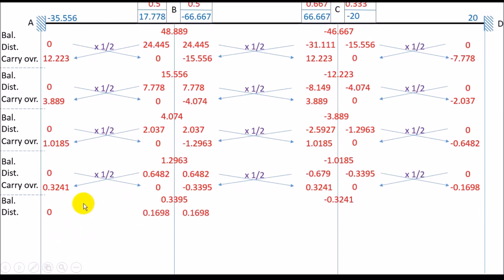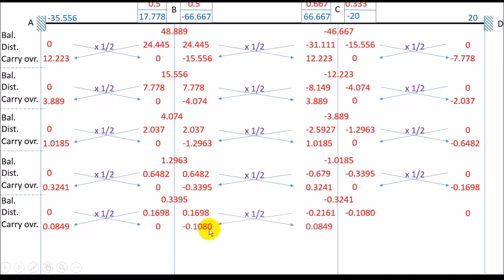You have to keep on iterating it till you get this value as a very small value. So we'll check if we get a very small value. You can see we are getting 0.0849, it's a very small value. 0.1 is not so small, but it's okay if we keep it as 0.108, but you can see most of the values are getting lesser than 0.08.